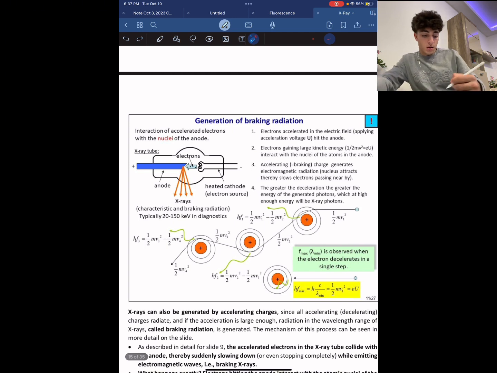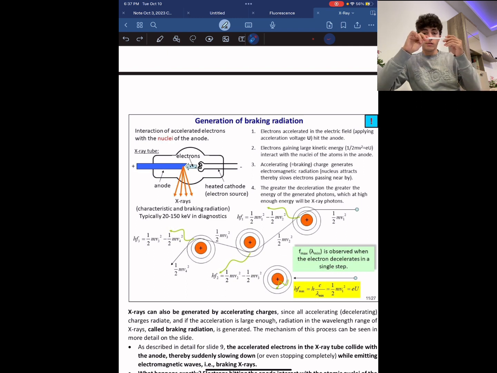What happens is, this energy comes in, hits the anode. These are all atoms of the anode. And what happens is, it hits one of the outer electrons, and it starts to slow down, and it keeps slowing down. And as this slows down, it loses and loses and loses energy, which gets transformed into an X-ray photon.